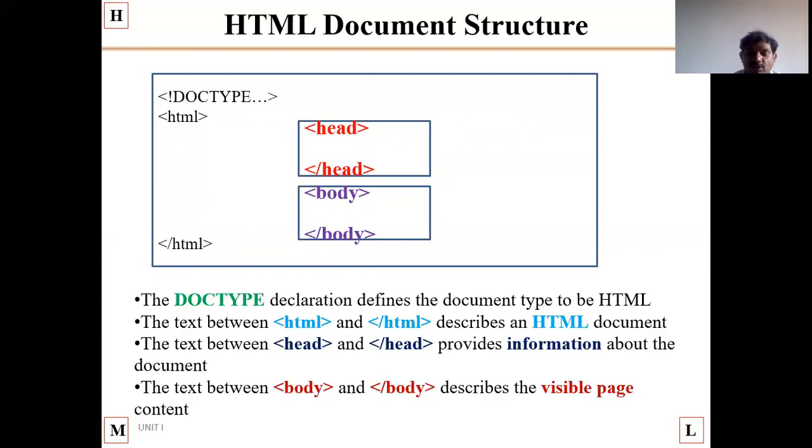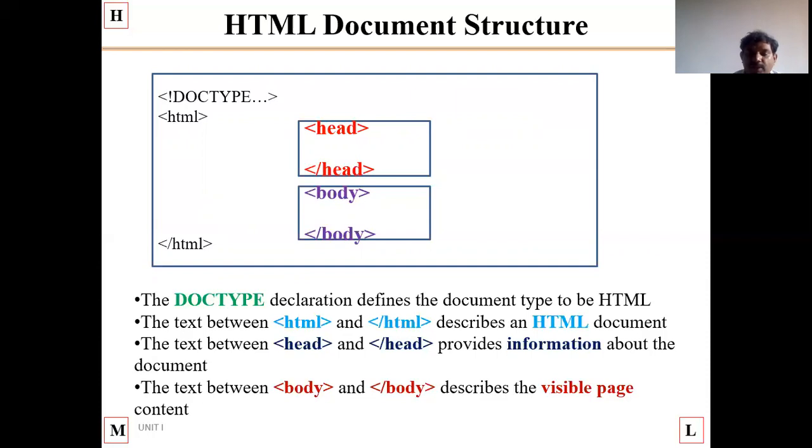It describes an HTML document. And the third one, the text between head and /head. Whatever headers we are writing, we have to declare in the head section. How do we start the tag?